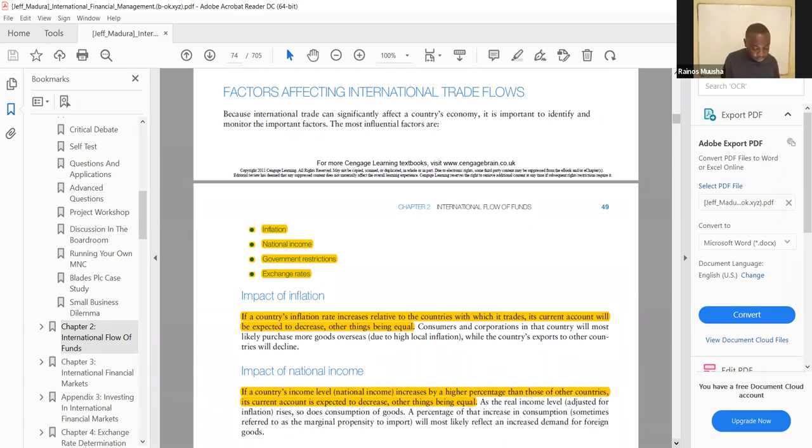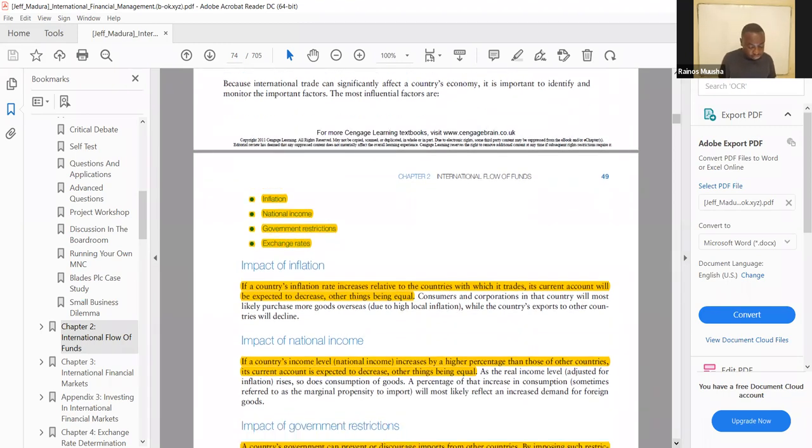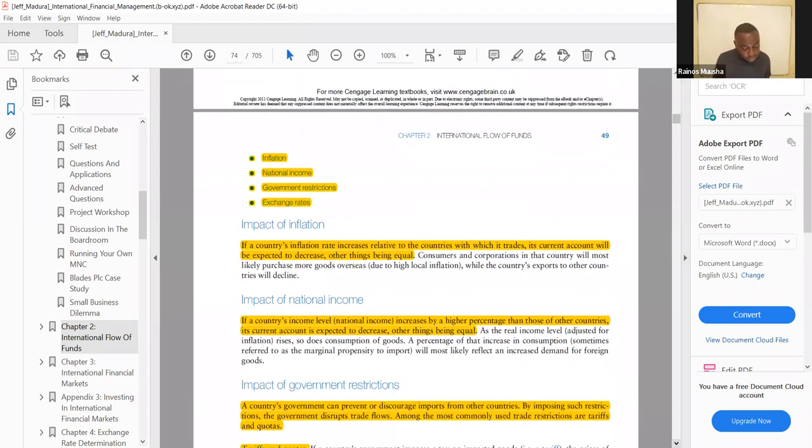Now looking at the breakdown of the effect of inflation, they say, if a country's inflation rate increases relative to the countries with which it trades, its current account will be expected to decrease, other things being equal.